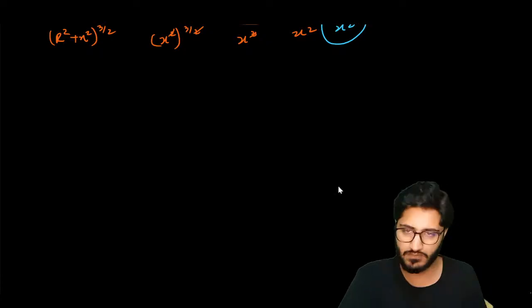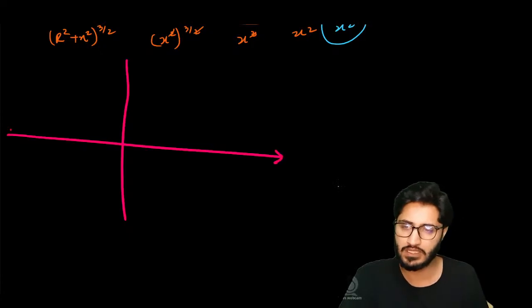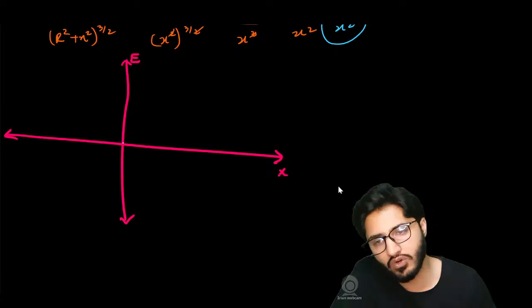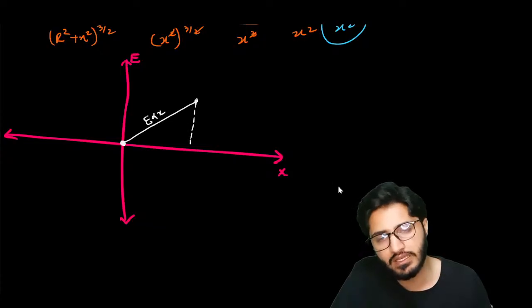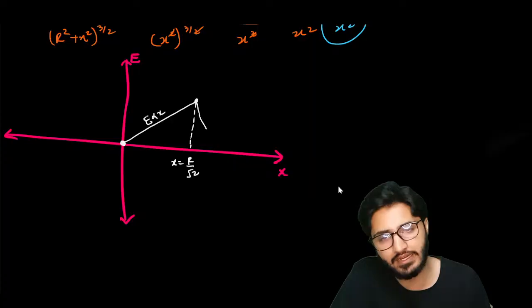Look. This is the graph. This is my electric field axis. This is my x axis. First of all, at the center it is 0. Then it varies straight up to a certain point, where it will reach a maximum height. Its value would be at x equals r by root 2. Then it will decline.